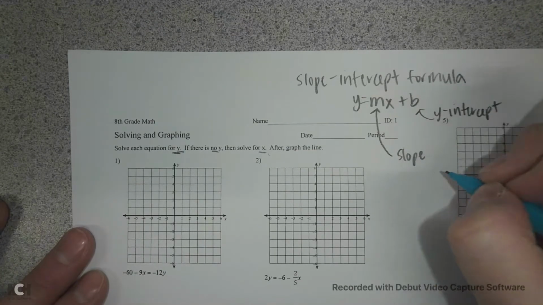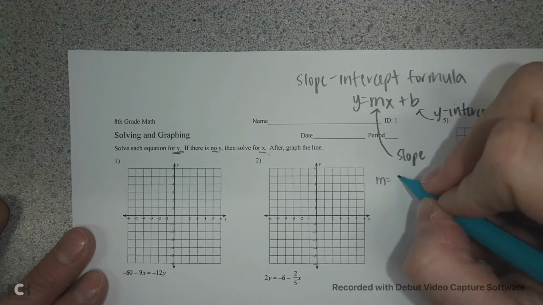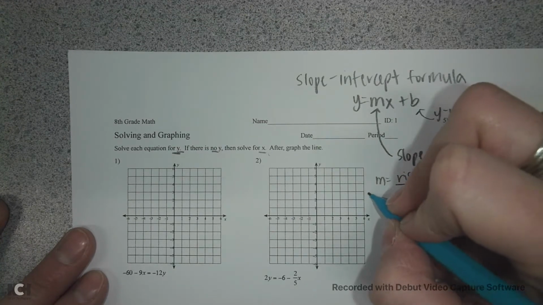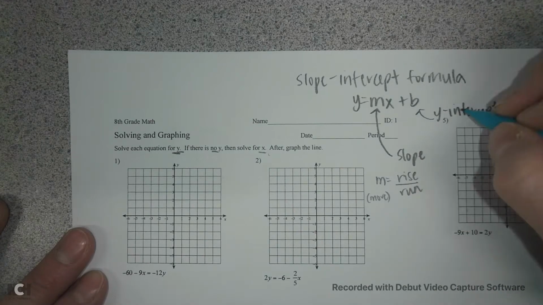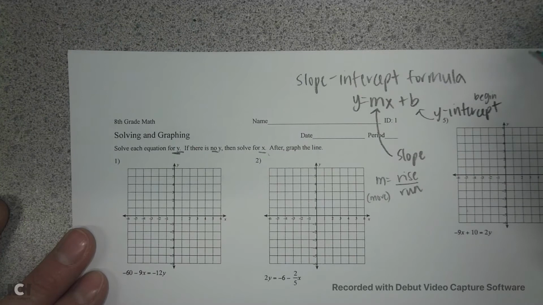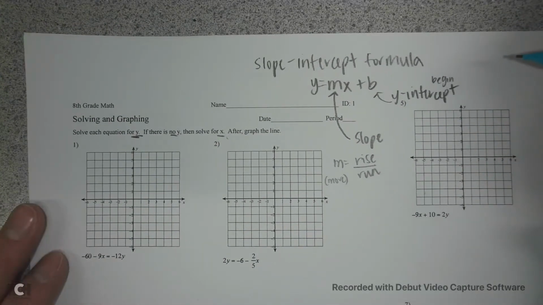So remember, from the slope, we can figure out our rise and our run, and we can move. From the y-intercept, we figure out where we begin on our y-axis. Okay, so that's just a little information.